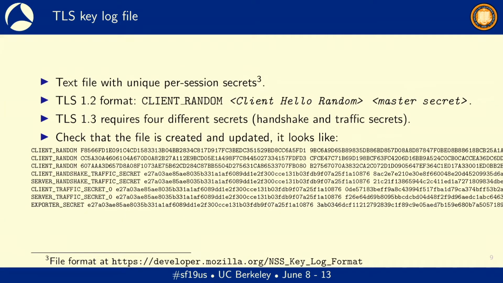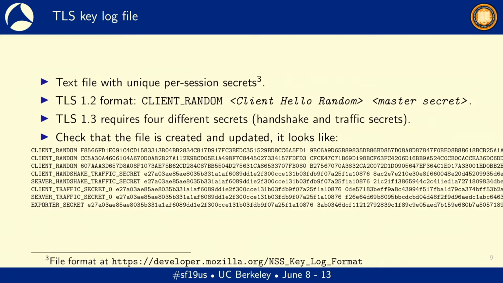The form for TLS 1.2 and before, you basically have a client random, which is an identifier from the client hello, plus the master secret. And this master secret enables further decryption of the session. In TLS 1.3, the whole key schedule has changed, and there are many more keys which improve security.